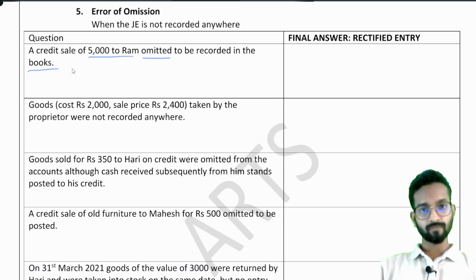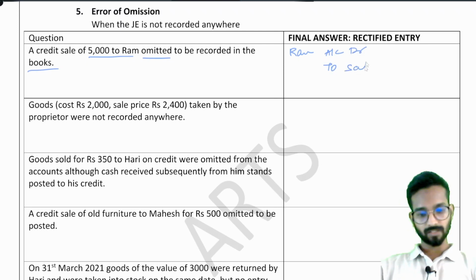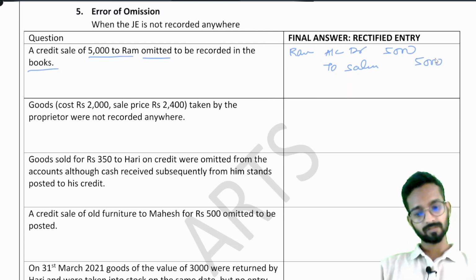If it is omitted, it means you have not recorded it. It means you will just write here Ram account debit to sales 5,000.